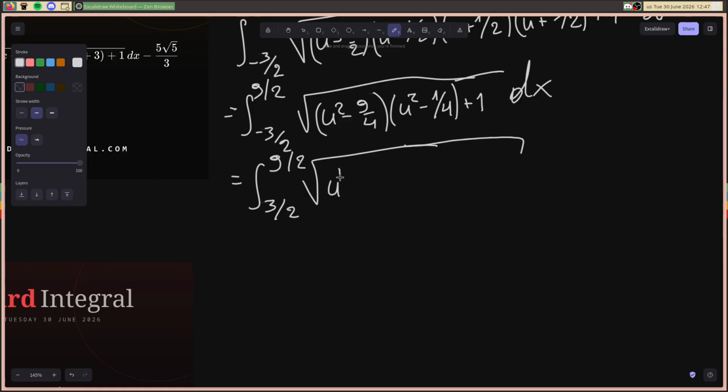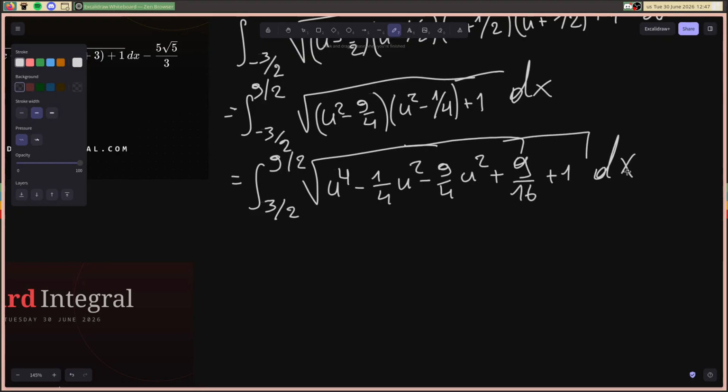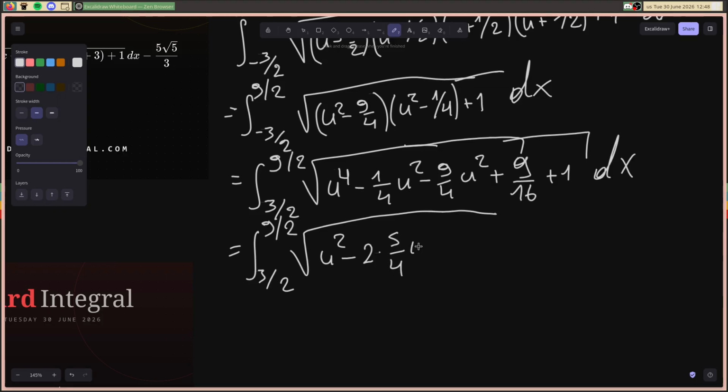And now I'm going to expand the brackets in here. We're going to get u to the 4th minus 1 to the 4th u squared minus 9 over 4 u squared plus 9 over 16 plus 1 dx. This is the integral from 3 over 2 to 9 over 2 of the square root of u to the 4th minus 2 times 5 over 4 u squared plus 25 over 16 dx.